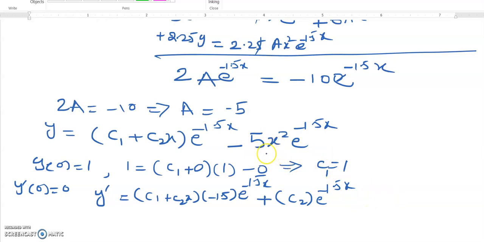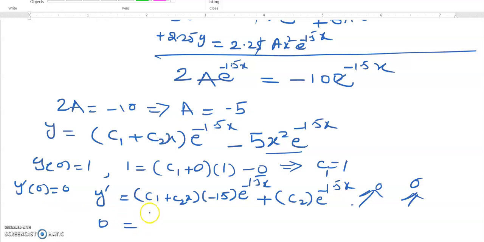So if we put x is equal to 0, then both terms will give you 0. I don't need to calculate it because it involves x square, so x will always be there when you take the derivative. Just to save some time, I already know that it will be 0 when I put these initial values.